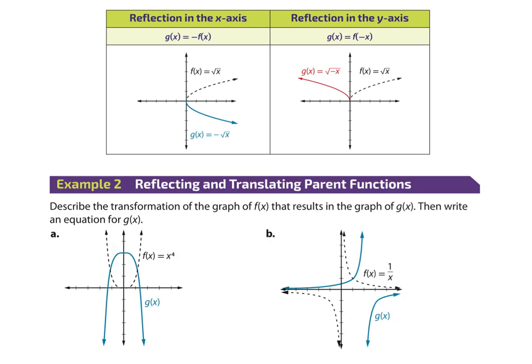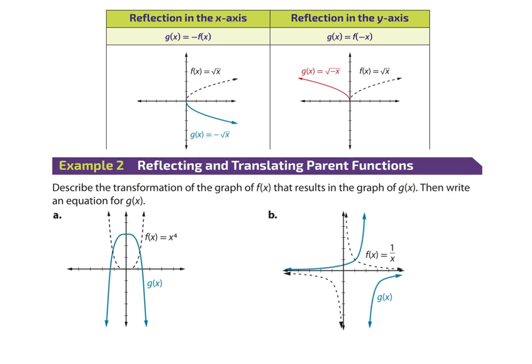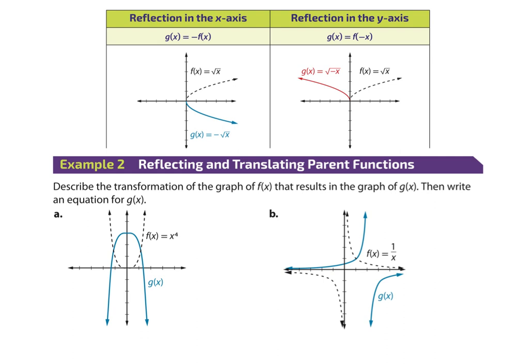So if I look at these particular ones, describe the transformations of the graph, all right? For this one, my original function they gave me was x to the fourth. So I have x to the fourth here, right?